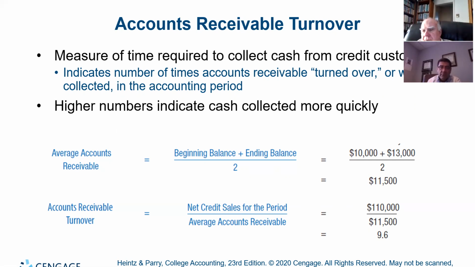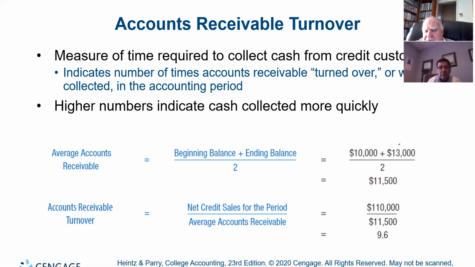Okay, big deal. What's that telling us? Well, it means that we collected the average amount of accounts receivable 9 times. Our average receivables were 11,500.